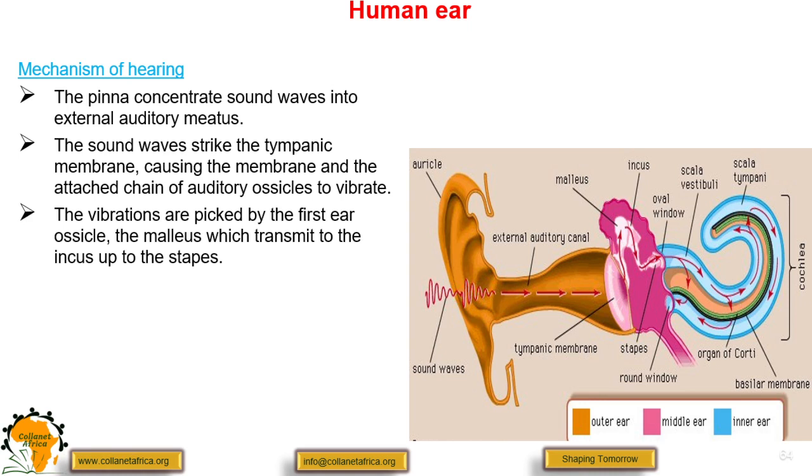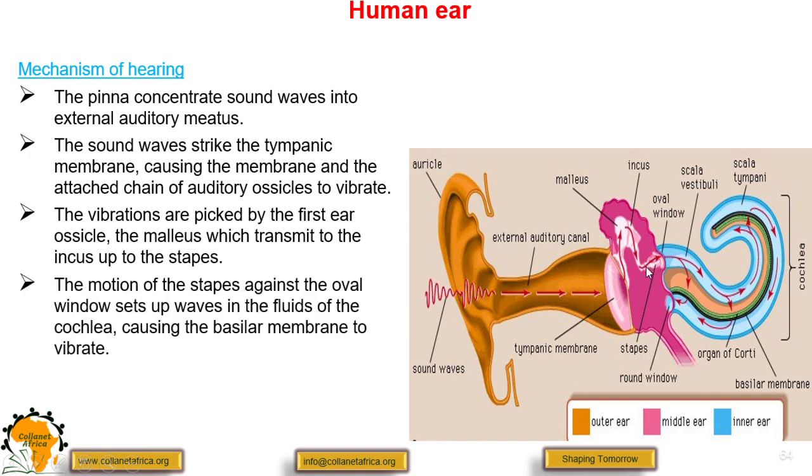The vibrations are then first picked up by the first ear ossicle called the malleus. This malleus transports to the second, which is the incus, and then from the incus to the stapes on this side. Now, the motion of the stapes against the oval window sets up waves in the fluids of the cochlea.